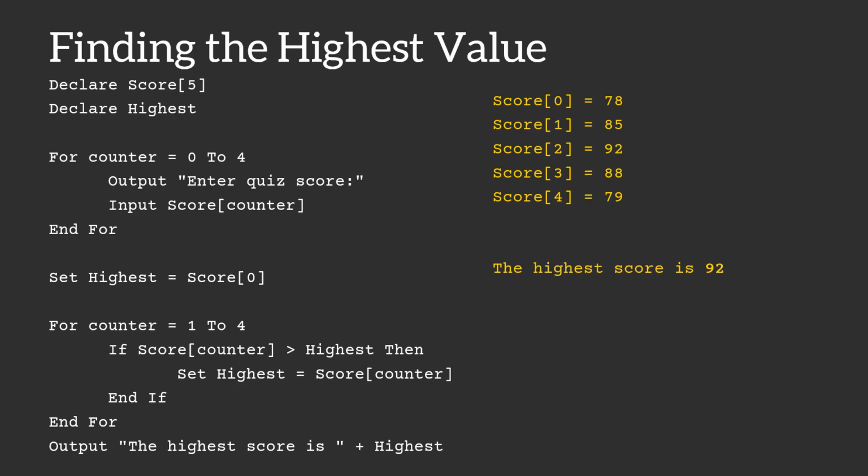Another mistake that I see is using the wrong comparison operator. This greater than is going to help find the highest, but if you were looking for the lowest, then you would use a less than sign.